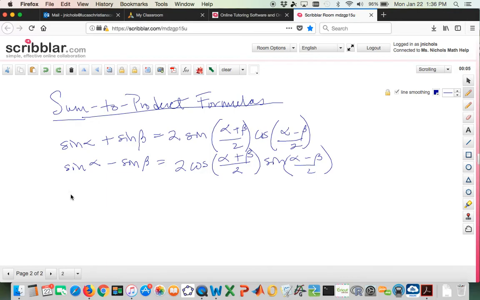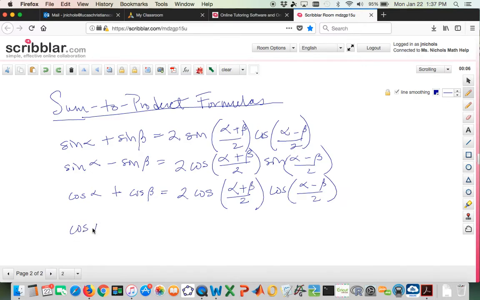Cosine alpha plus cosine beta is equal to 2 cosine of alpha plus beta all over 2 times cosine of alpha minus beta all over 2.